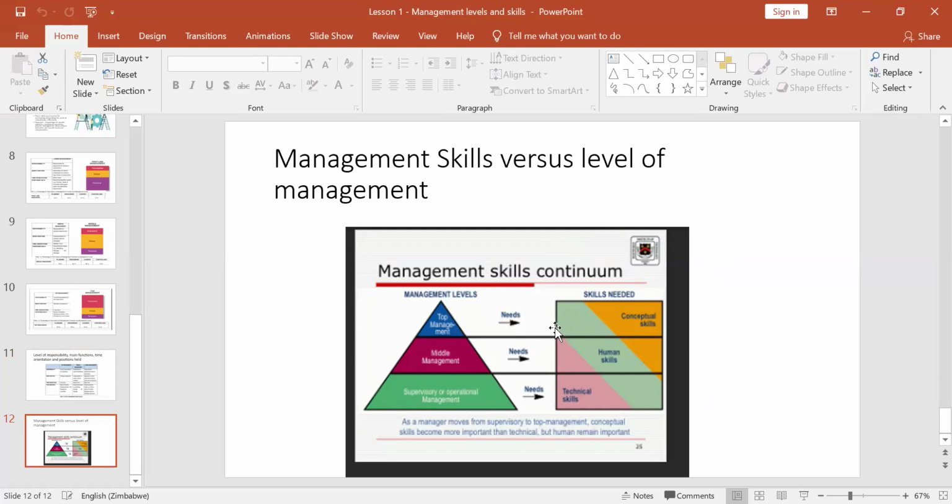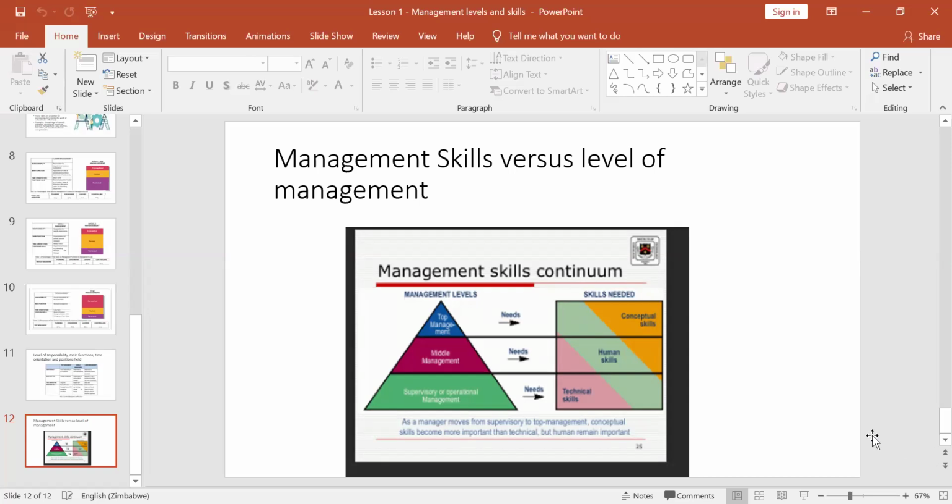Like the top managers, you can see they have a bigger part being orange there to illustrate the conceptual skills, and a very small part on the technical skills. It's almost non-existent there. And then the human skills a little bit more, and so on.